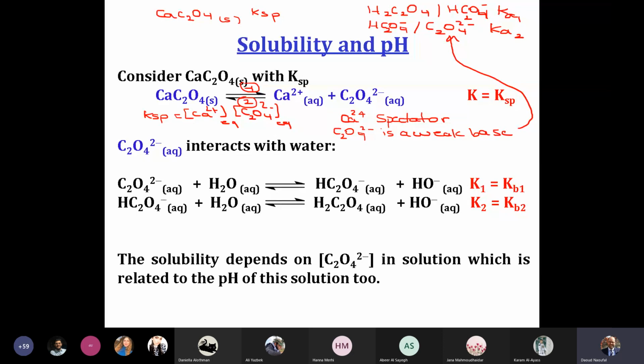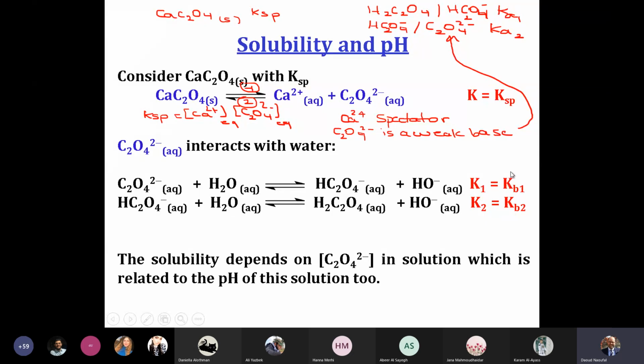Suppose you don't add H+ or OH- at equilibrium. Since C2O4 2- is a weak base, it will interact with water. When C2O4 2- interacts with water, it will give HC2O4- plus OH-, and HC2O4- will react also with water to give H2C2O4 plus OH-. The equilibrium constant K of reaction 1 is equal to Kb1, and K of reaction 2 is equal to Kb2.